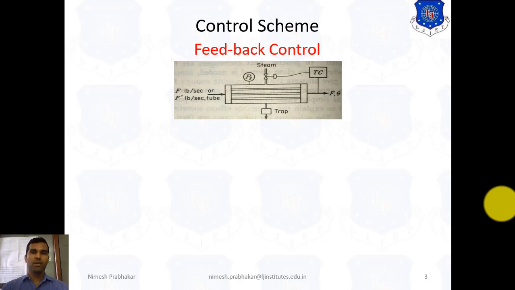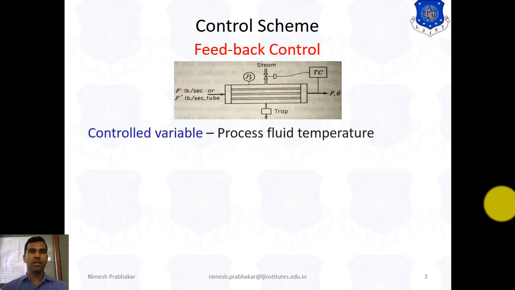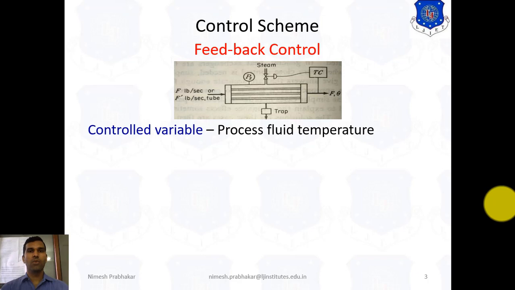We want to control the outlet temperature, so the controlled variable is the process fluid temperature, that means the outlet temperature of the process fluid.